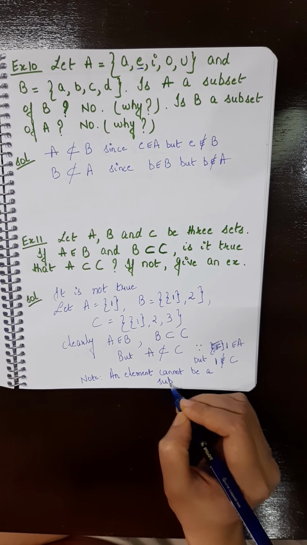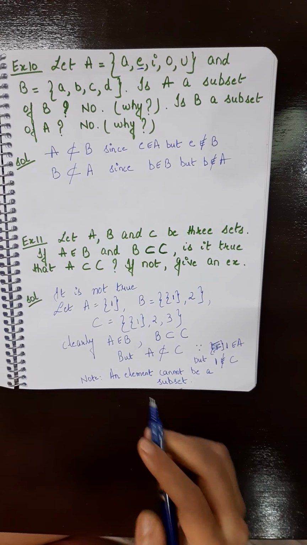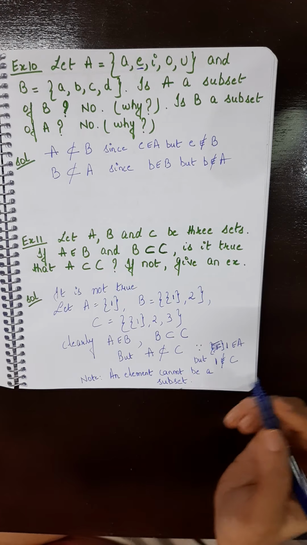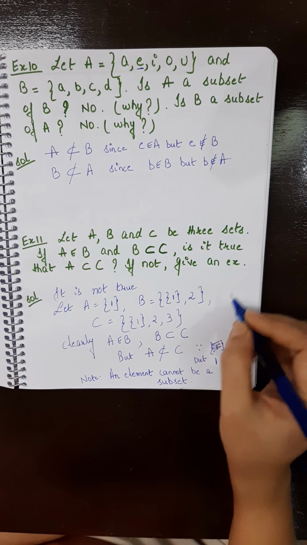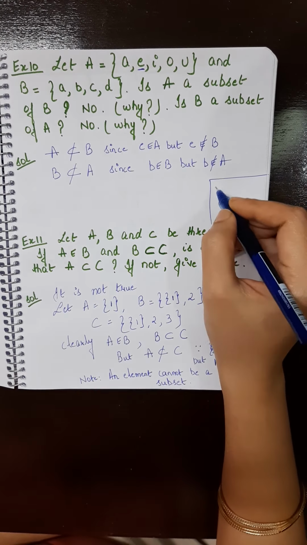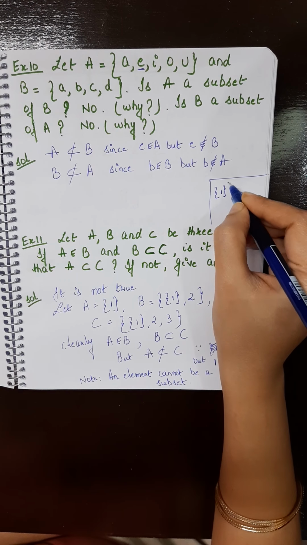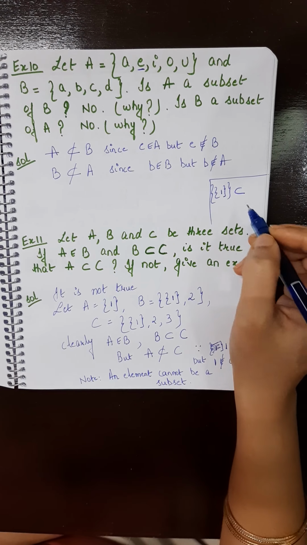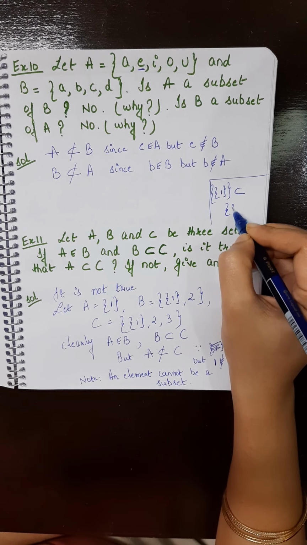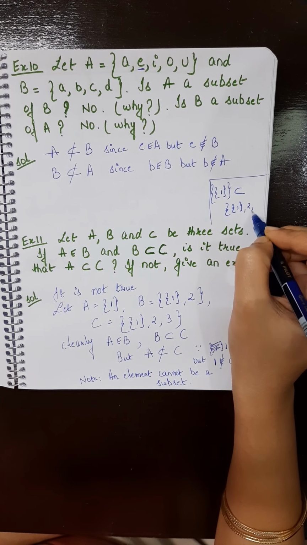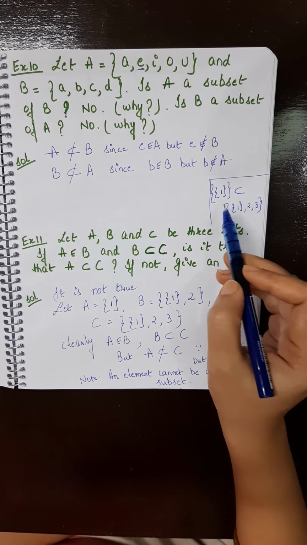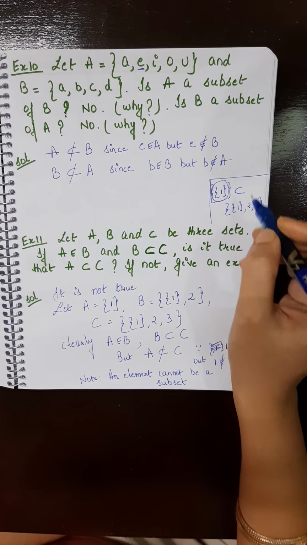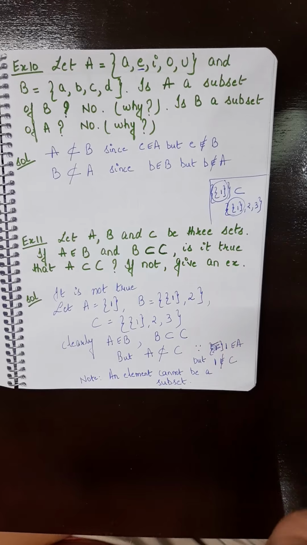It may look to you like A is a subset of C, but no. If I had written it like this, then this would have been a subset of C, because every element of this set is an element of this set.